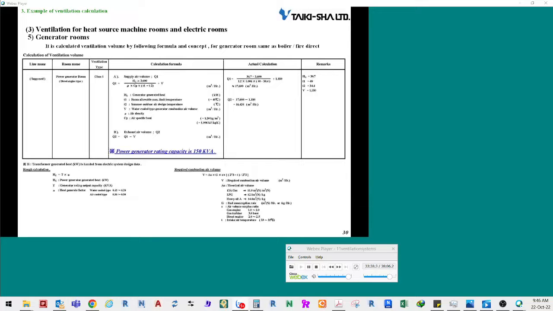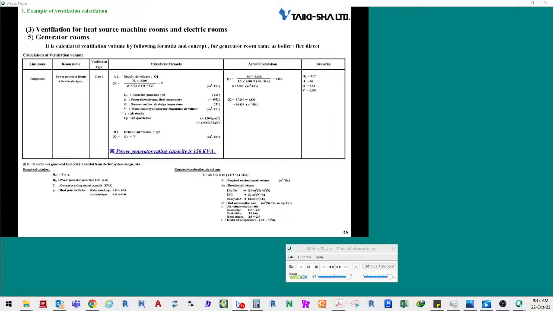Obtain the calorific value of the electric power generator from a person in charge of the electric equipment. If you roughly estimate the ventilation air quantity, calculate the calorific value by the calculation formula shown on the slide. You should confirm the calorific value after you have determined the individual specific numeric values.